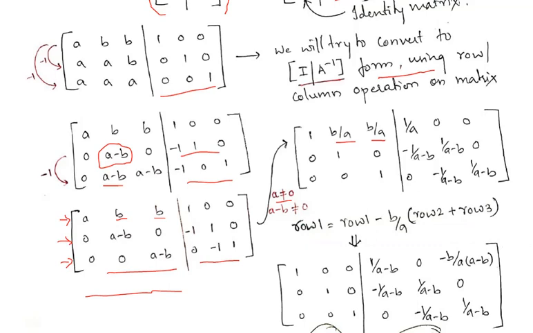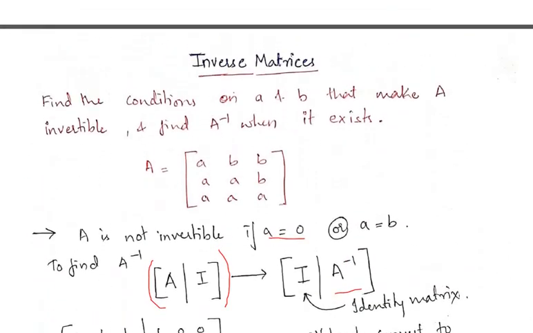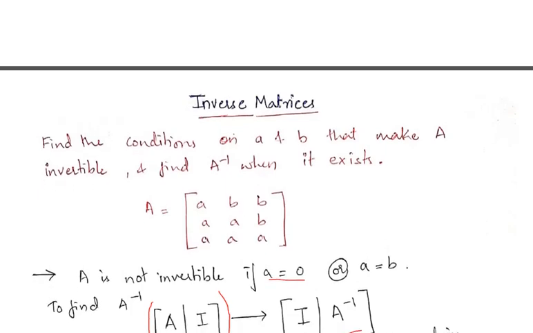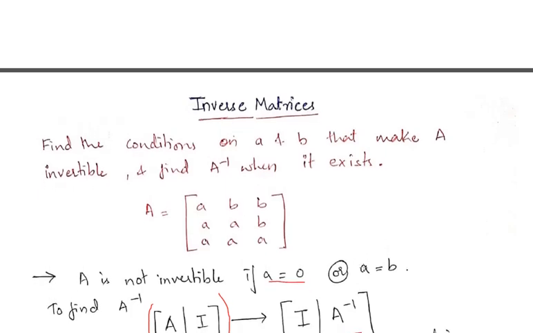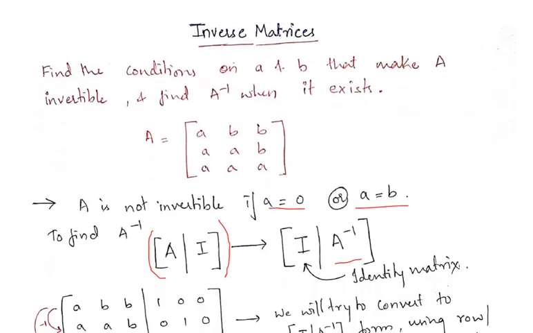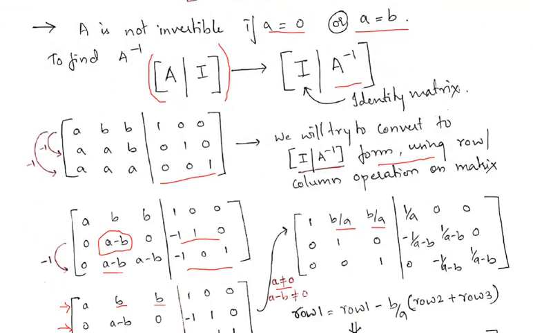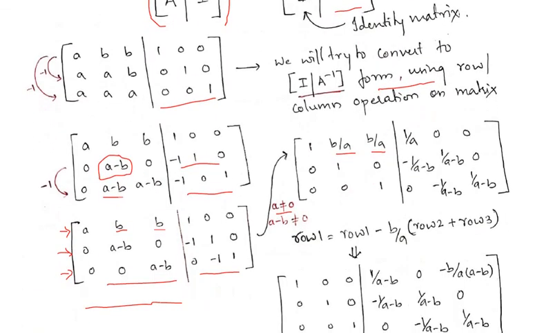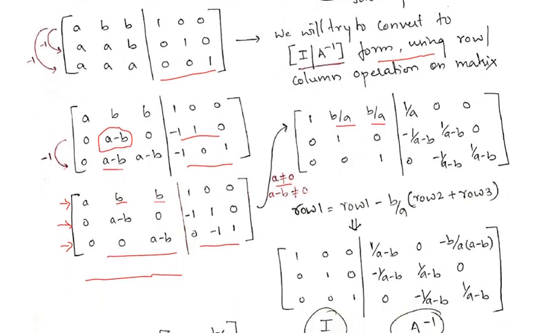So the two conditions which we stated, that for matrix A to be invertible, a should not be equal to 0 and a should not be equal to b. Hence the two conditions we stated, we proved here while performing the matrix operation.